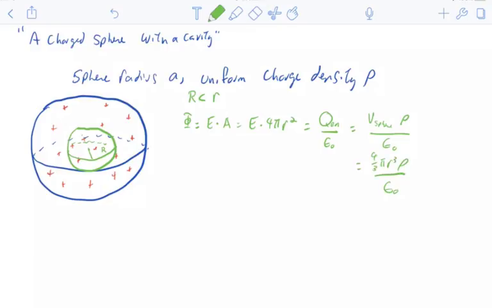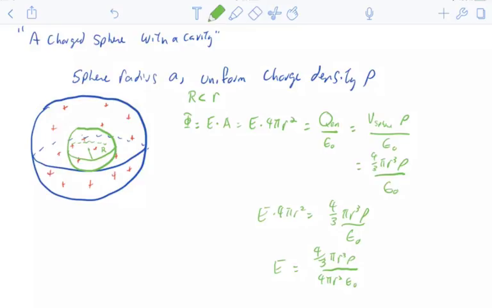So what we said is E times 4 pi r squared is equal to 4 over 3 pi r cubed rho over epsilon naught, which becomes E is equal to that over 4 pi r squared epsilon naught.